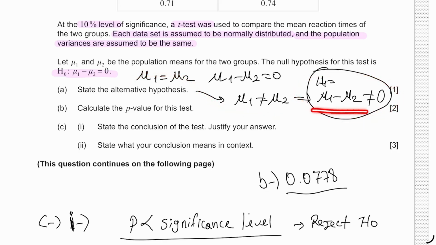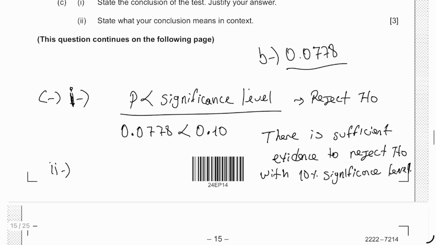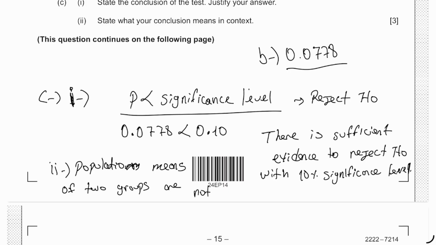I mean, the population means of the two groups are not the same. This is our conclusion.